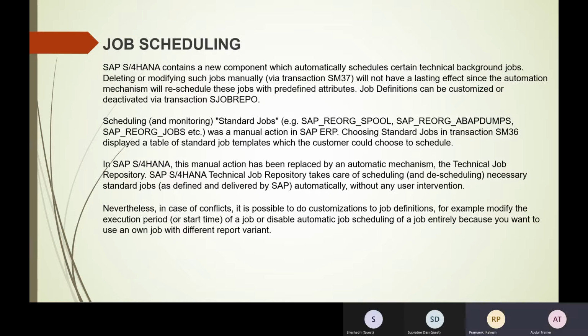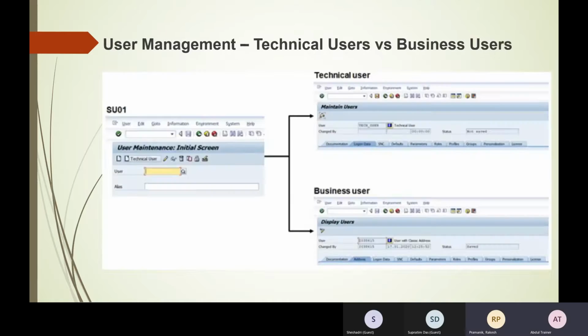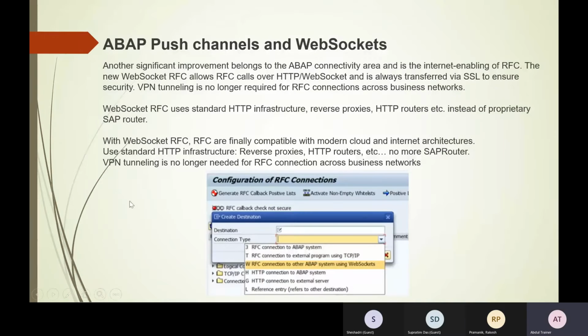Yeah, possible if both are S/4HANA systems. Okay, thank you. I have not tried. Yeah, but it is mentioned here. You don't need anything. VPN tunnel is no longer required. Okay, but I think some port needs to be open in the firewall. Okay. I guess.